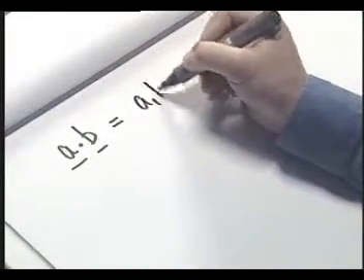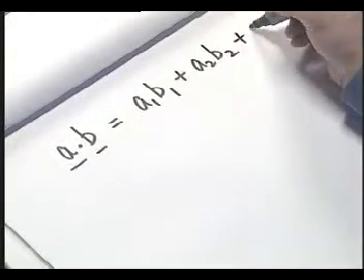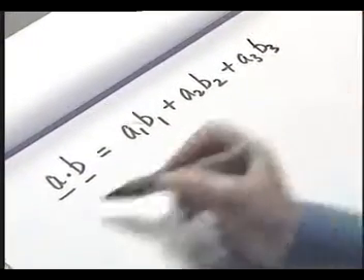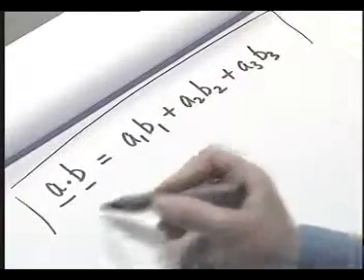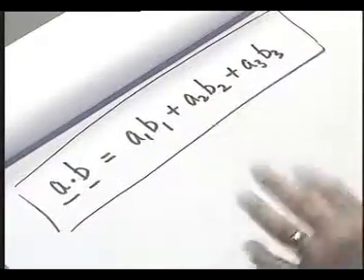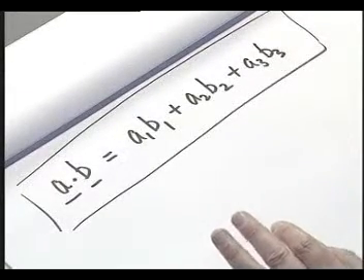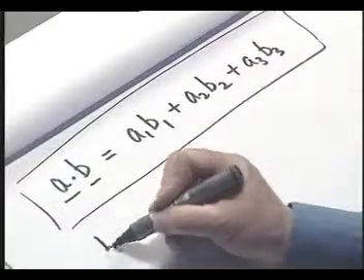It's A1 B1 plus A2 B2 plus A3 B3. Again, very important result, and this will allow us to calculate the scalar product of two vectors given in Cartesian form. Let me give you an example.